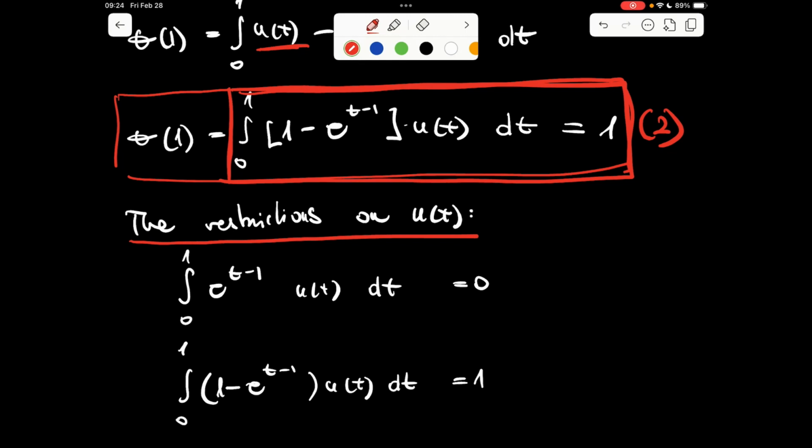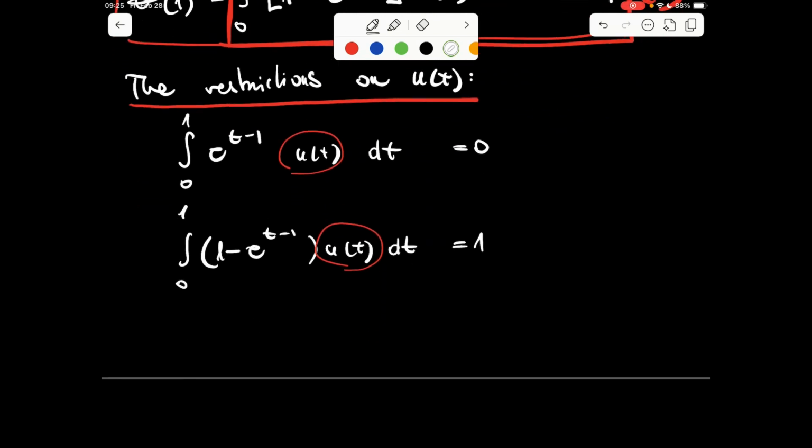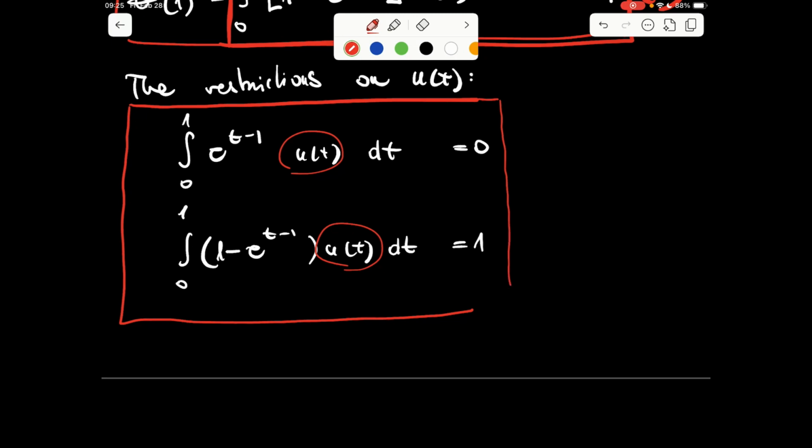So how to proceed? We are looking for this unknown function on which we have two restrictions. So these two restrictions seem to be the inner products of a function space.